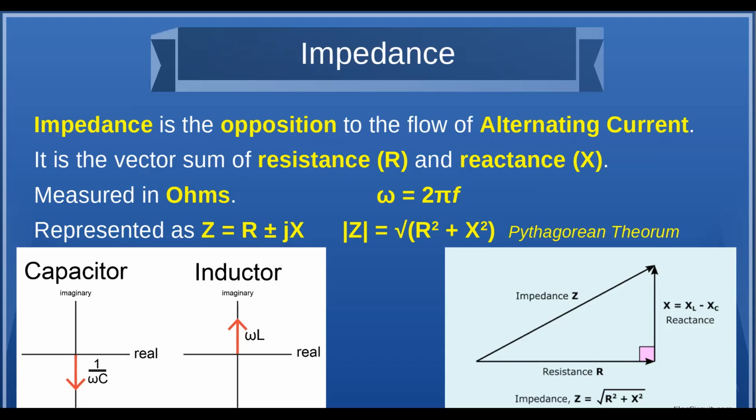So that's where we get the vector, because we plot the reactance vertically on the imaginary axis. So that gives us a vector, assuming that reactance is other than 0.